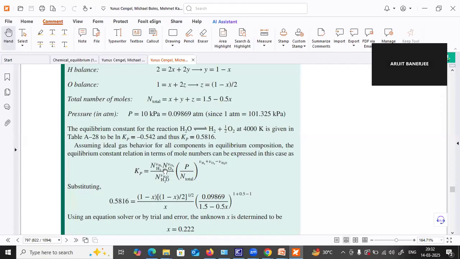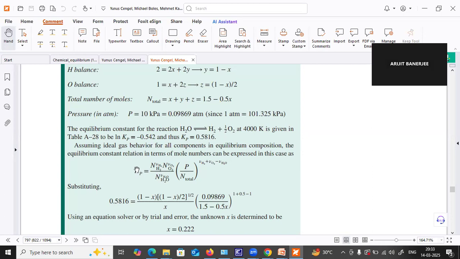Now here, instead of A and B, only one reactant is there. Therefore, in the denominator we have only one. So we have written the relation in terms of that, P by N total.